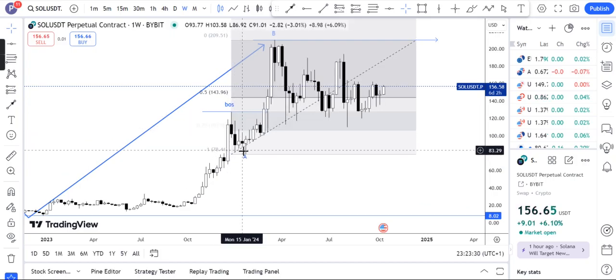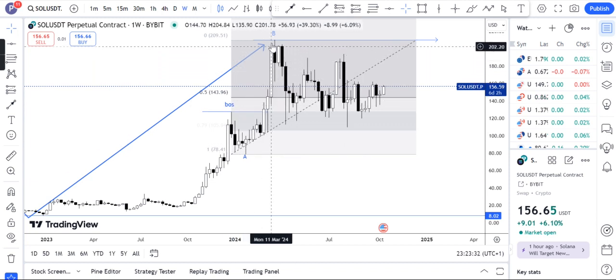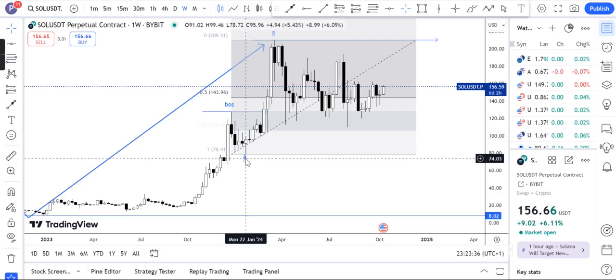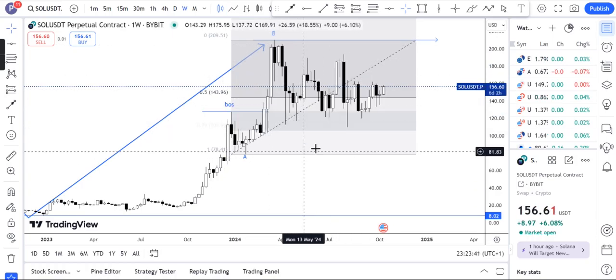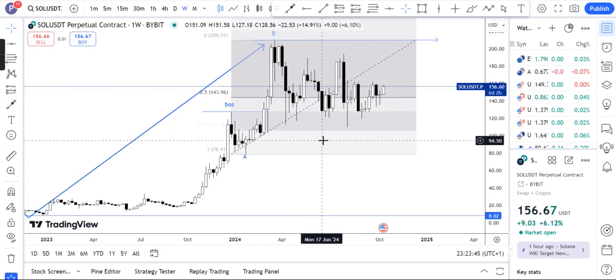Before this break of structure, we got a low, which created a break of structure and gave us our point B. So we dragged our Fibonacci between our point A and our point B, and we look out for reactions between the 0.618 level and the 0.79 level.